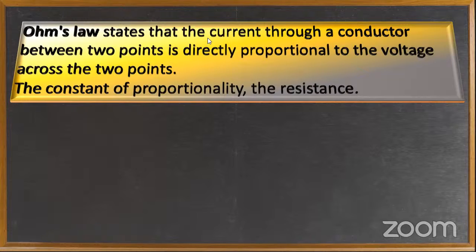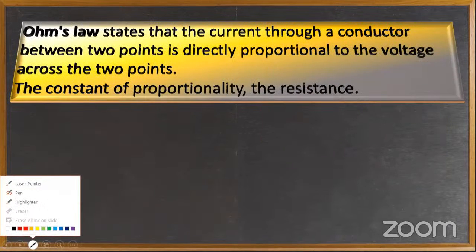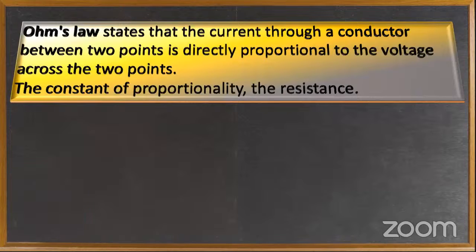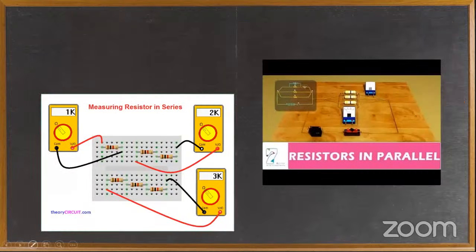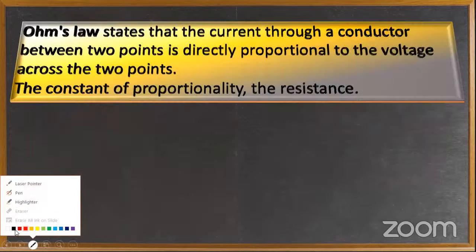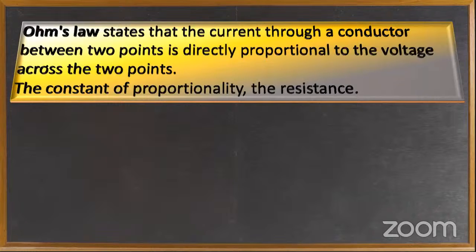You have already understood this. Yesterday we discussed Ohm's law. What is Ohm's law? The current flowing through a conductor between two points is directly proportional to the voltage.